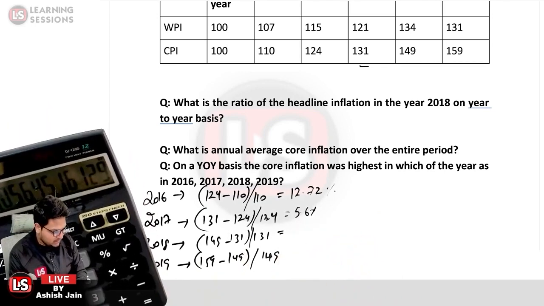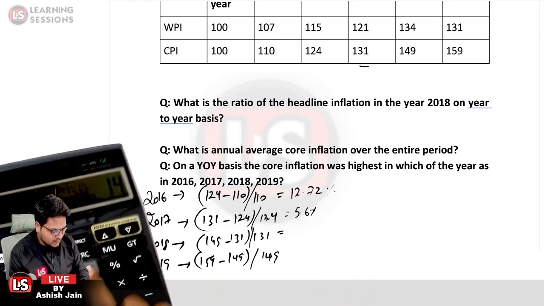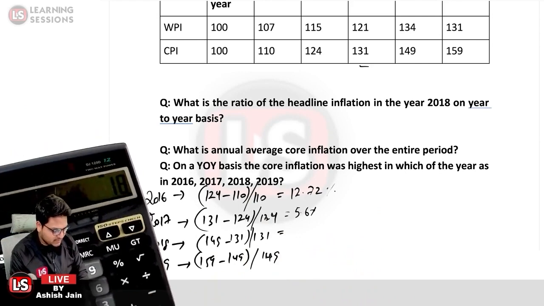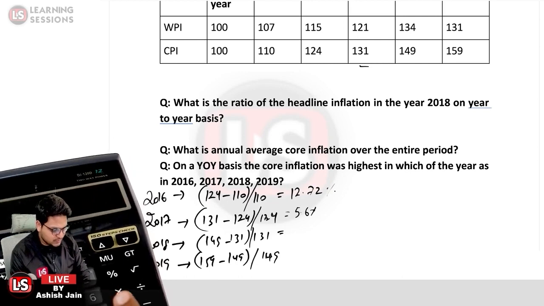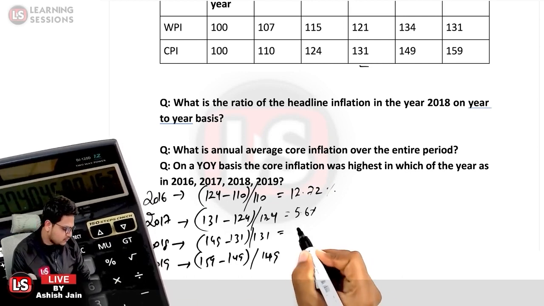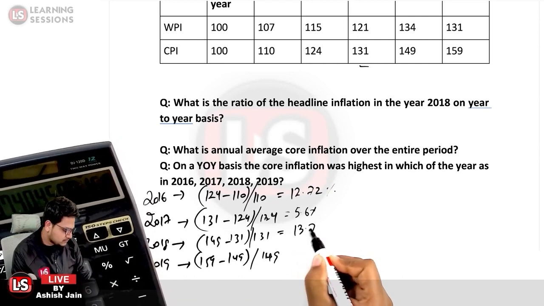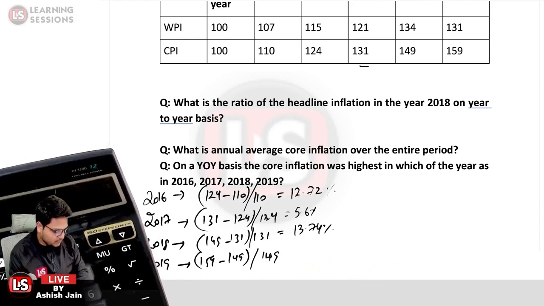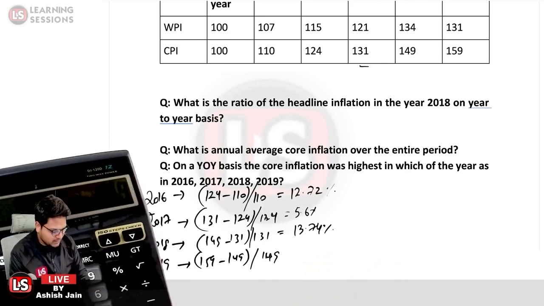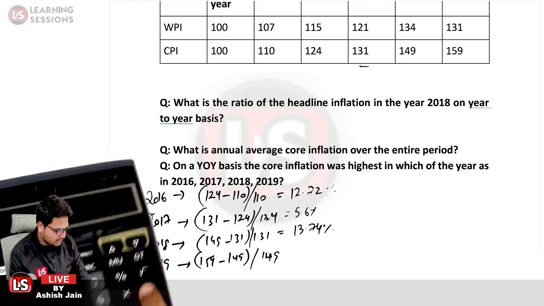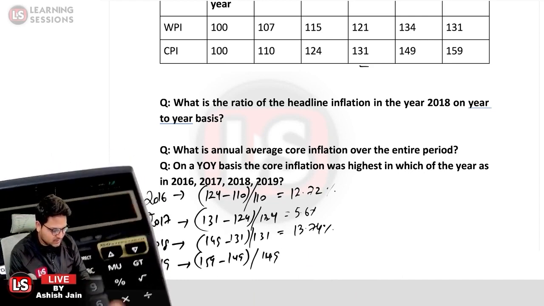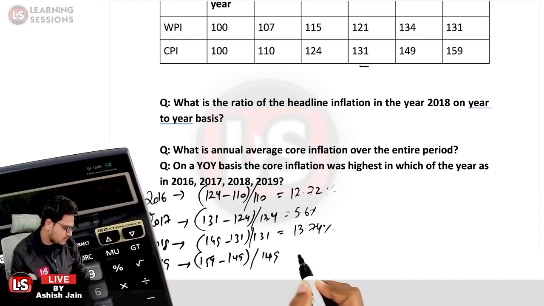For 2018, 149 minus 131 divided by 131 is equal to 13.74%. And for the last one, 159 minus 149 divided by 149 is equal to 6.71%.